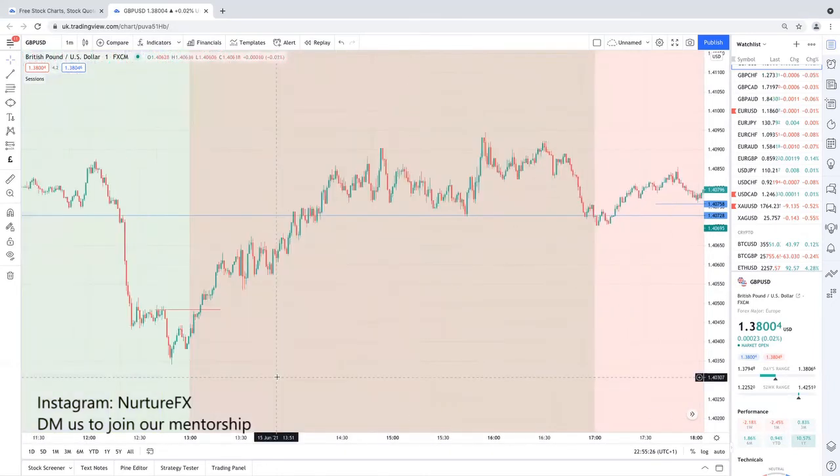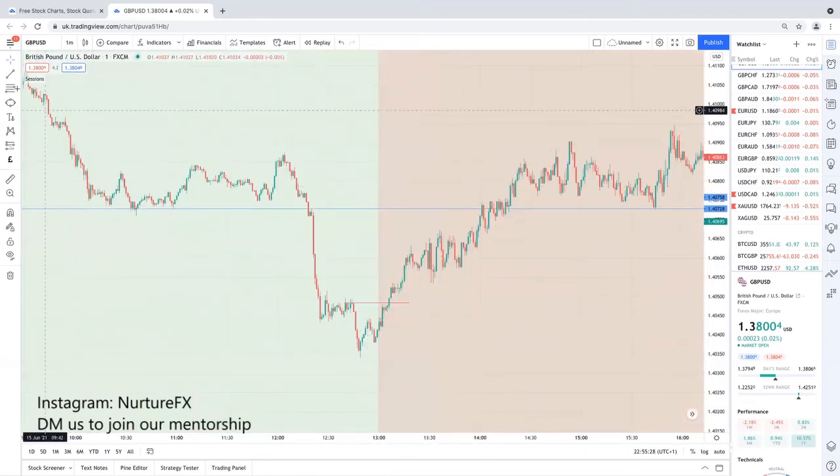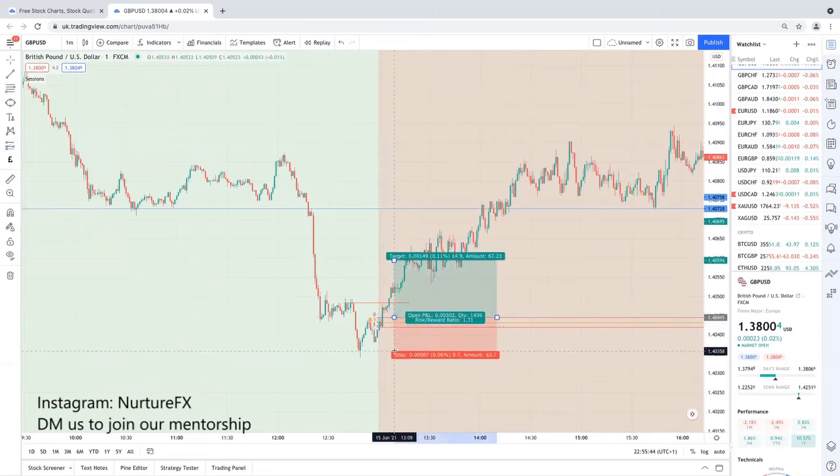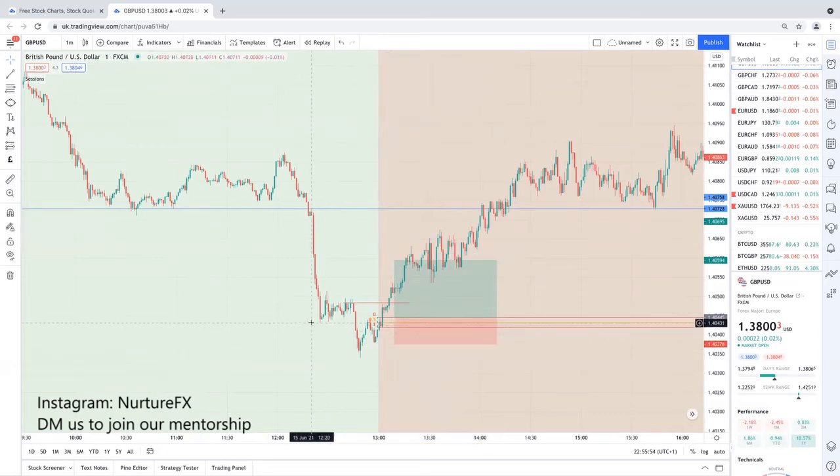So for example, if this particular candle here was our institutional candle, it's such a small candle, 2.7 pips, that you'd probably have your entry at the start of it, and your stop loss just below it if you wanted to be a bit more risky, or just below that low if you wanted to be a bit more conservative.